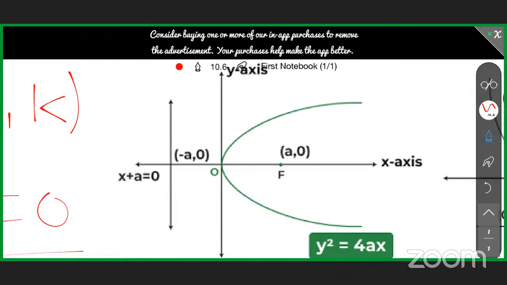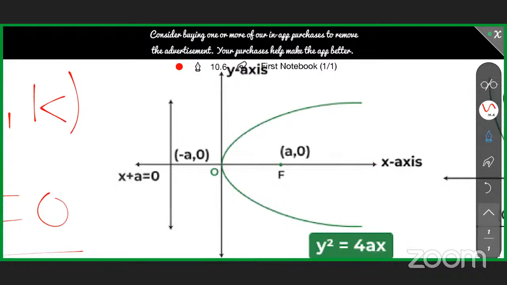So now we'll be studying 4 standard equations of parabola where the vertex is placed at the origin. See here, the vertex of the parabola is placed where? Origin. So to make the study easy, we study the 4 standard equations of parabola where the vertex of the parabola is placed at the origin.